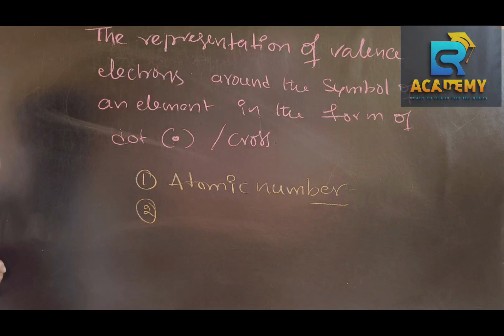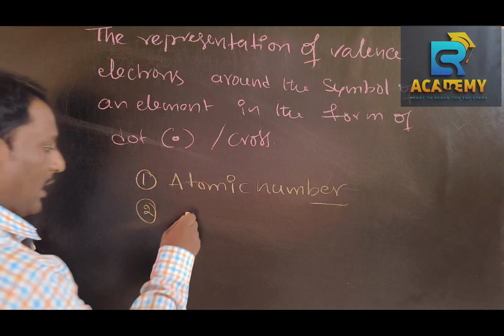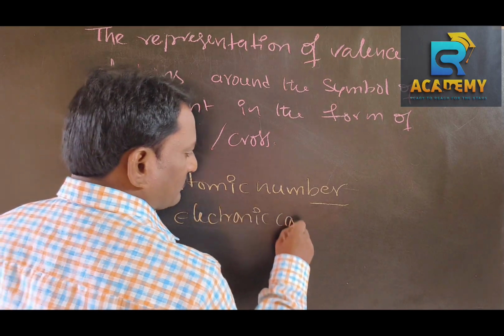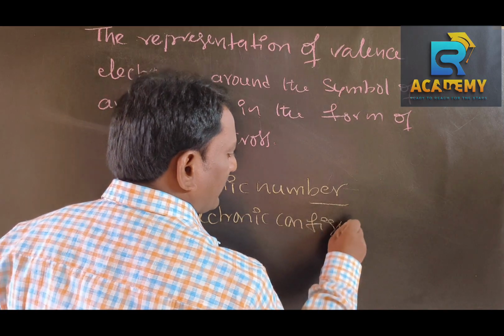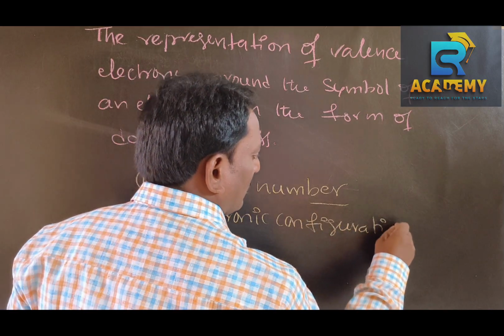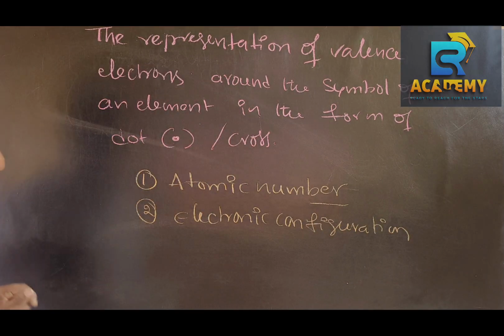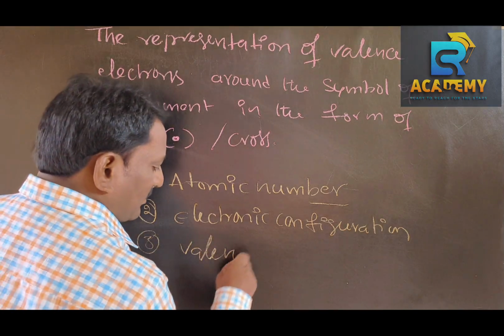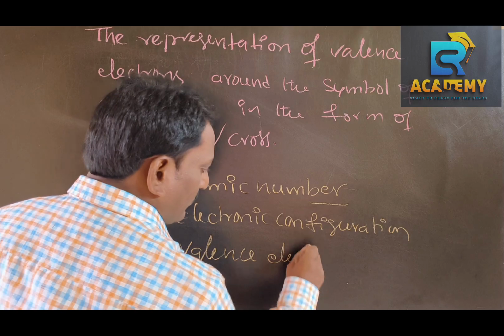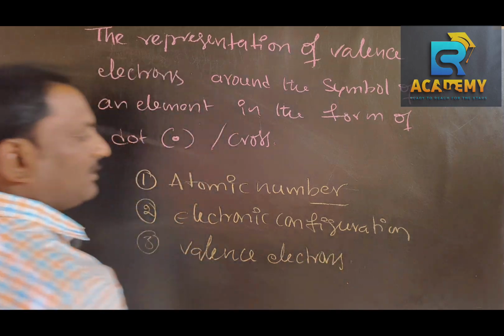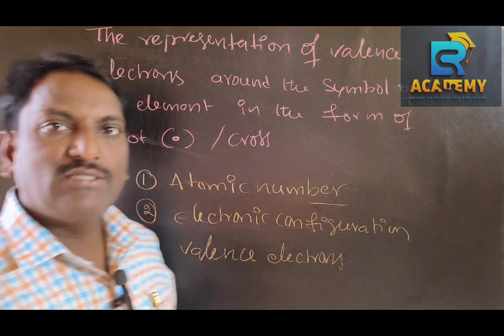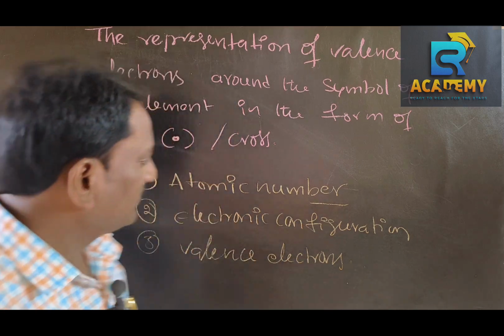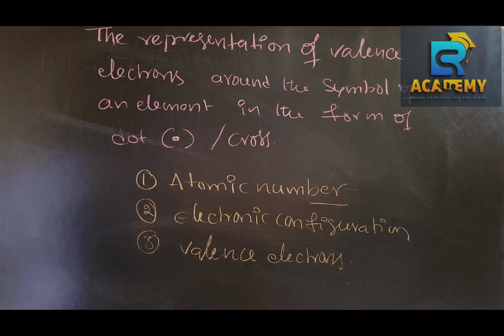Second point, electronic configuration. Third point, valency electrons. These are the required points to write the Lewis dot structure of any element.